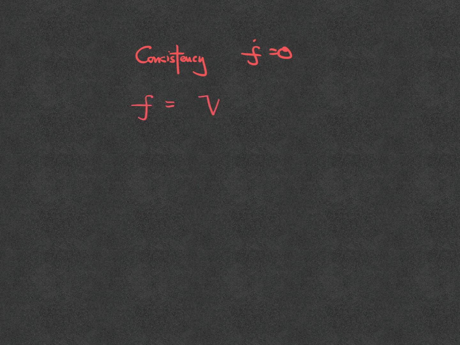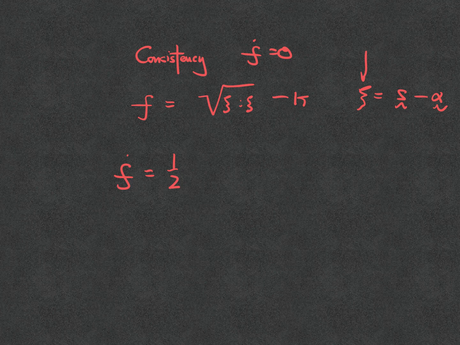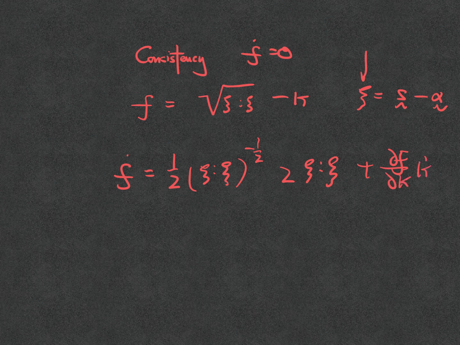F is actually now equal to this, and for simplicity I would use this label to represent the deviatoric stress minus alpha, and F dot, if I work out the chain rule, would be equal to 1/2 of the difference between the deviatoric stress and the back stress times 1/2 times 2 of this scalar product, plus the additional term k. But since k is a constant, k dot is naturally 0.